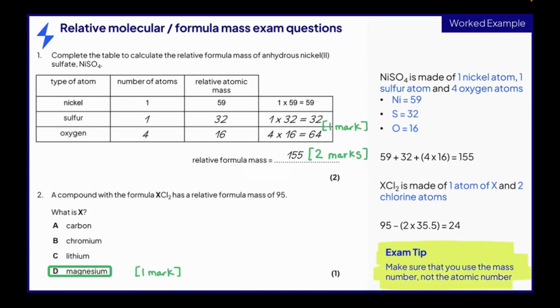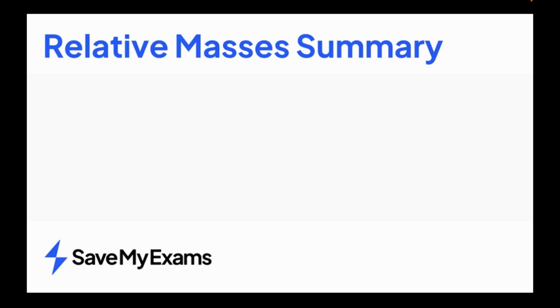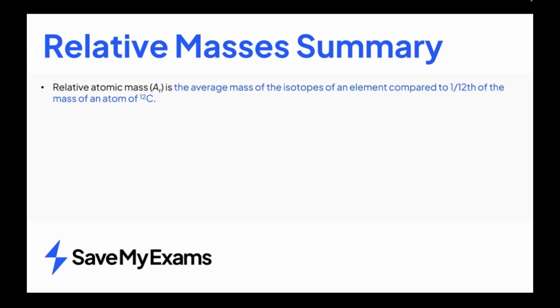Be careful, because a very common mistake in these questions is to use the atomic number on the periodic table instead of the mass number. You should be able to define relative atomic mass as the average mass of the isotopes of an element compared to 1/12 of the mass of an atom of carbon-12. Relative formula mass is the total mass of a molecule.